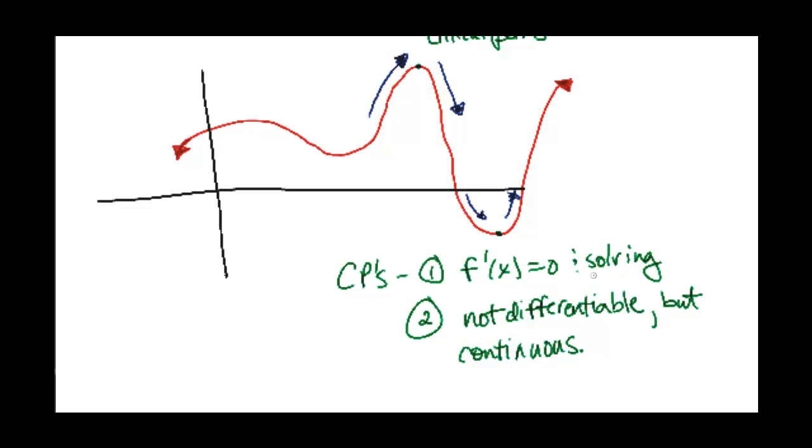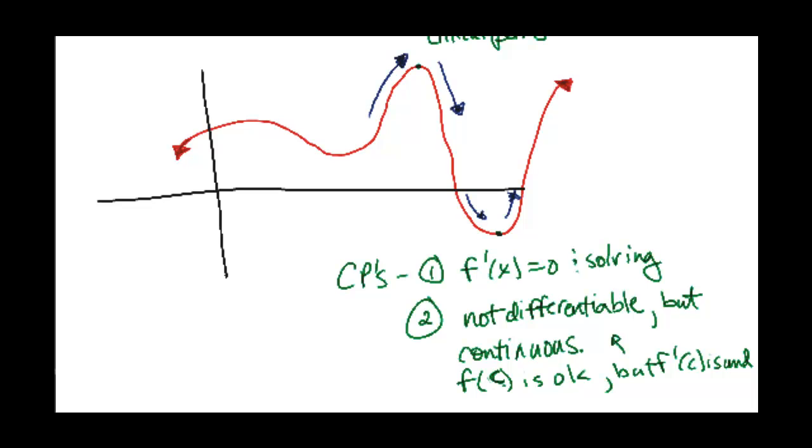Also looking for anything that was okay in the original function, but then when you change that x to a number, or a c value, any constant, f of c is okay, but f prime of c is undefined. That's what that means up here. And that's how you get your critical points.